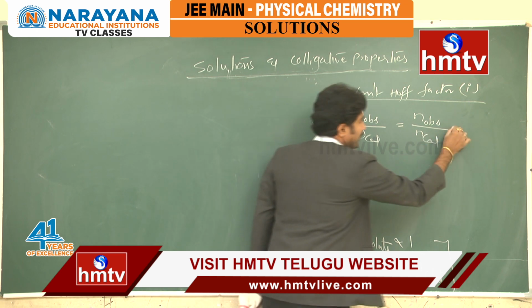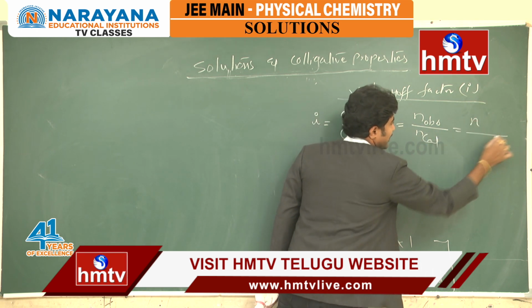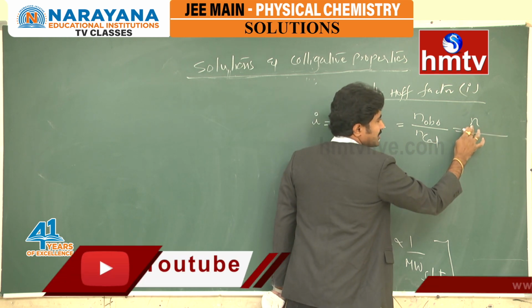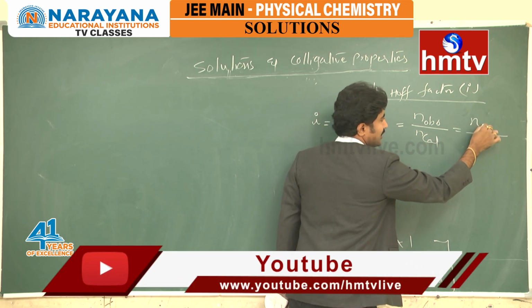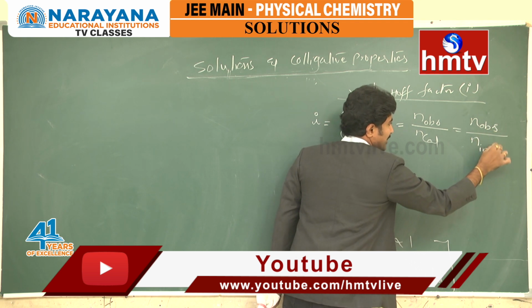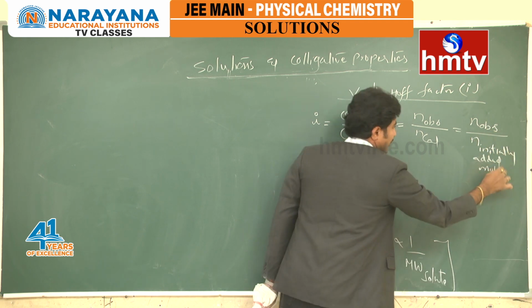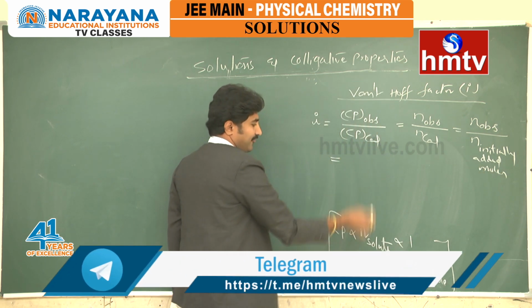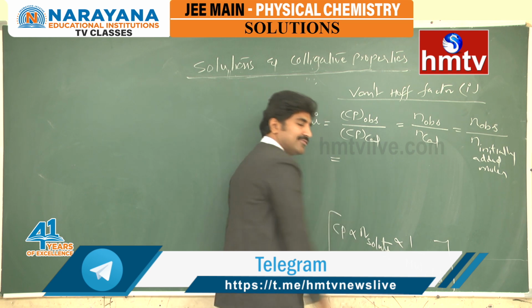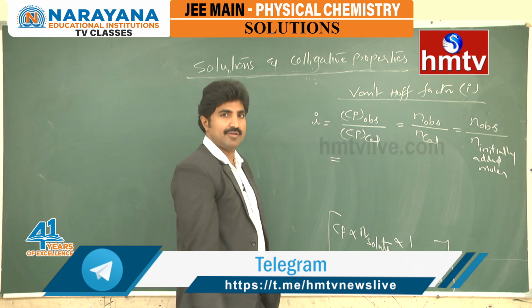That means initially how many moles were added, that is calculated moles, and how many moles are observed in the solution. These are the observed moles in the solution by initially added moles ratio, or we can define it in terms of molecular weight of solute. We know every colligative property is inversely proportional to molecular weight of the solute.